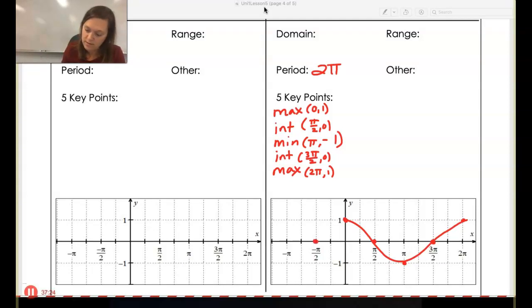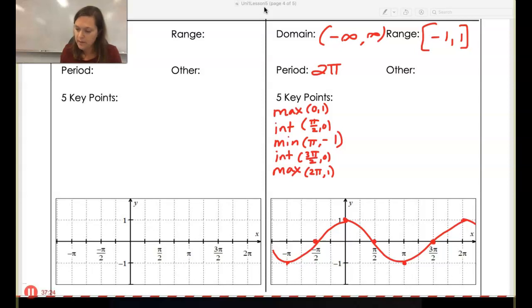And then I can just continue that. So here to there, and so forth, and so forth. So my domain is all real numbers. My range again is -1 to 1. We did our key points. We were bounded above and below. It's continuous because it's periodic.